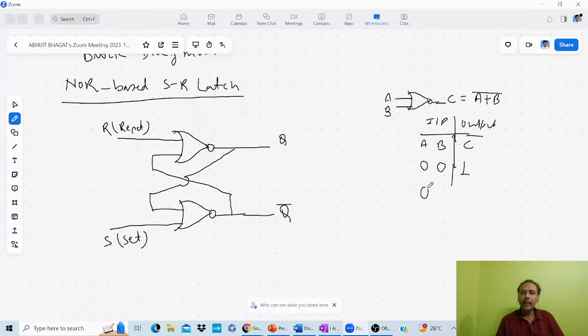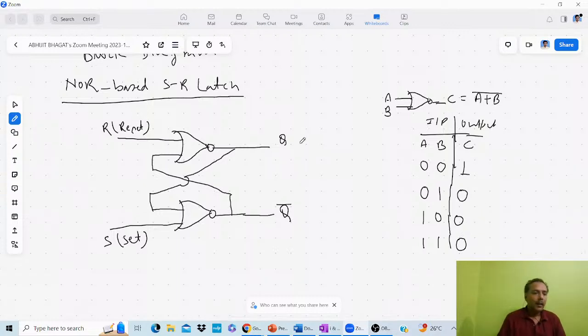If it is 0 and 1, then 0 plus 1 is 1, and 1 bar is 0. Same if your input is 1, 0, then 1 plus 0 is 1, then 1 bar is 0. And next is 1, 1. So 1 plus 1 is 1, and 1 bar is 0. This is the truth table for the NOR.